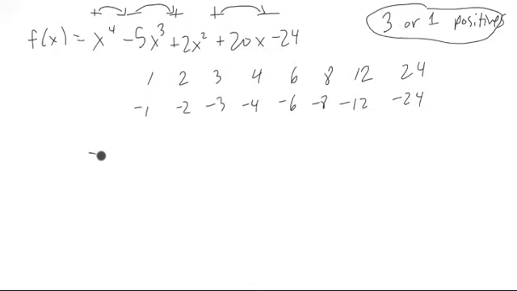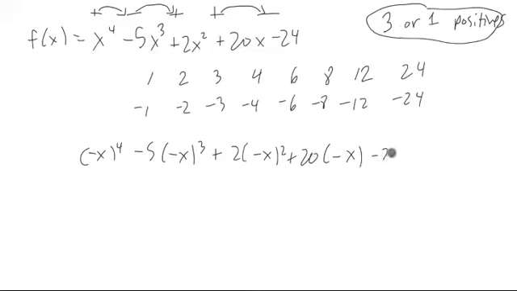So negative x to the 4th minus 5 negative x cubed, putting a slot in for the negative x to go. With an even power, we'll just leave this as x to the 4th. An odd power will allow this negative to come out, interact with that negative, and become a positive.